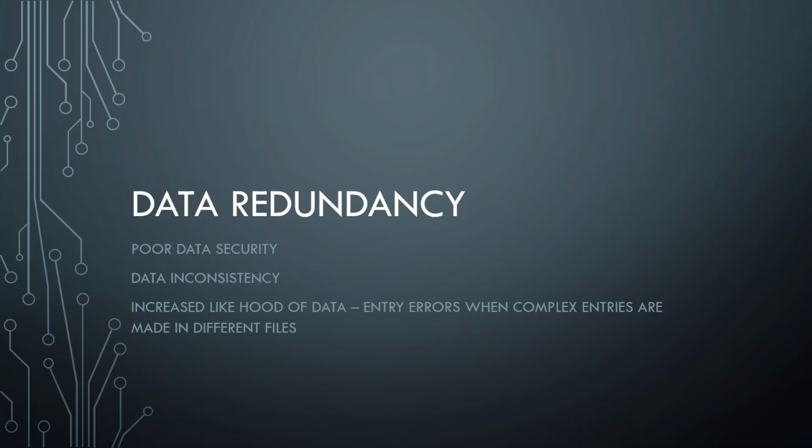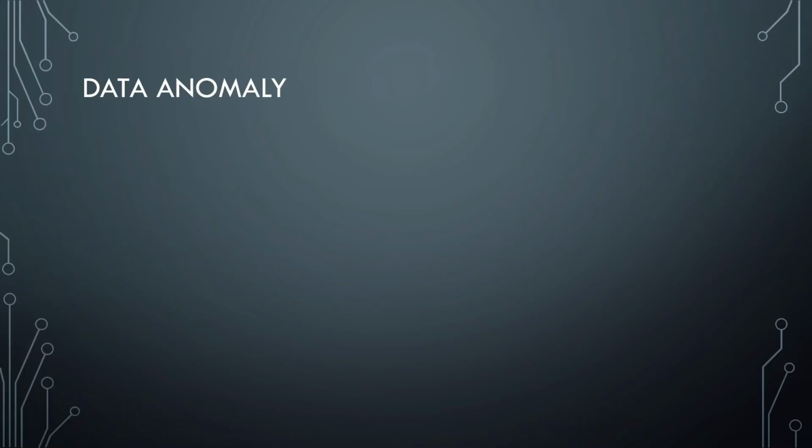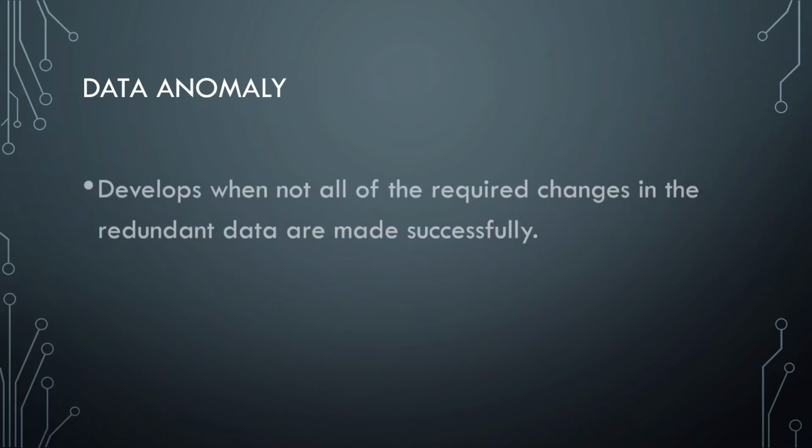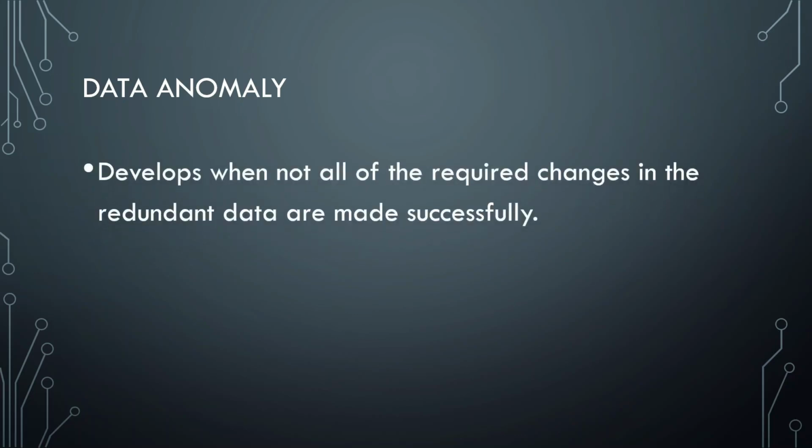Right now I'm going to move on to data anomalies. Alright then, now we have data anomaly. This develops when not all of the required changes in the redundant data are made successfully.